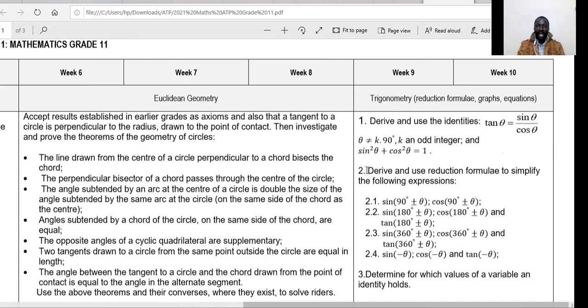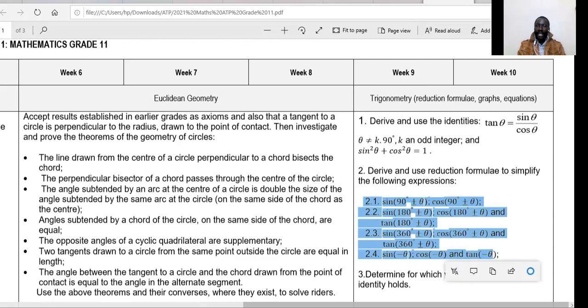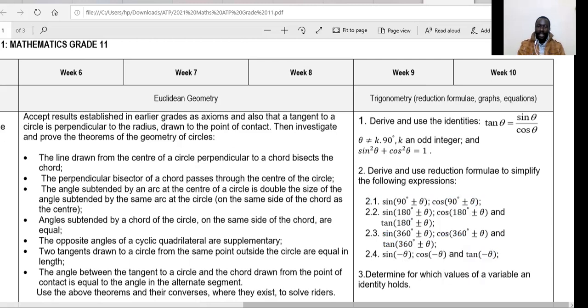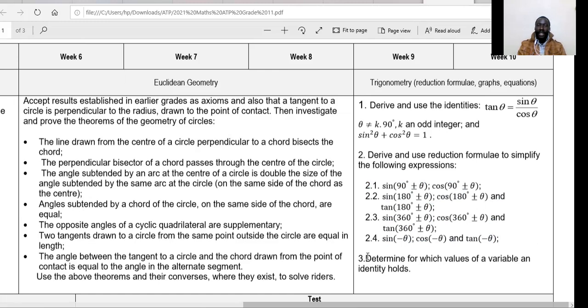Then the second thing is deriving and using reduction formulae to simplify expressions such as these ones indicated here below. Then the third thing to be covered in trigonometry will be determining for which values of a variable an identity holds. So these are the topics to be covered in first term over a period of 10 weeks.